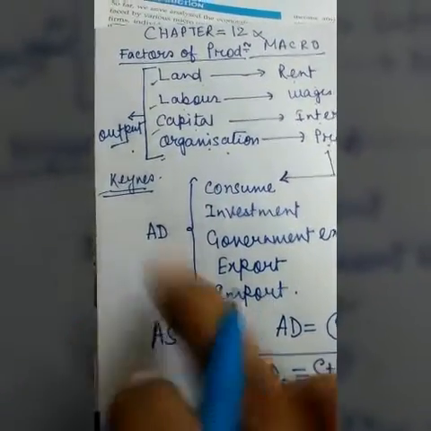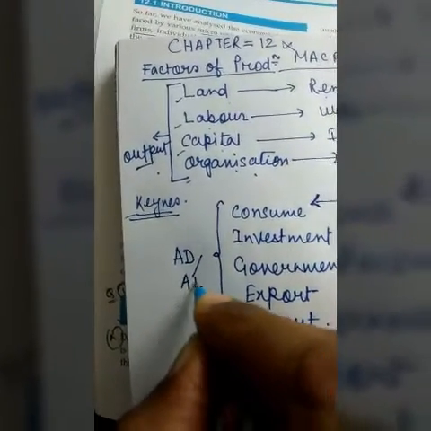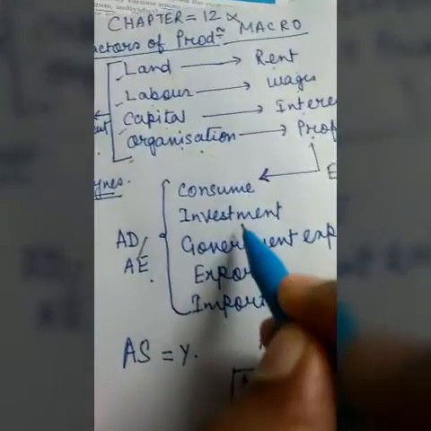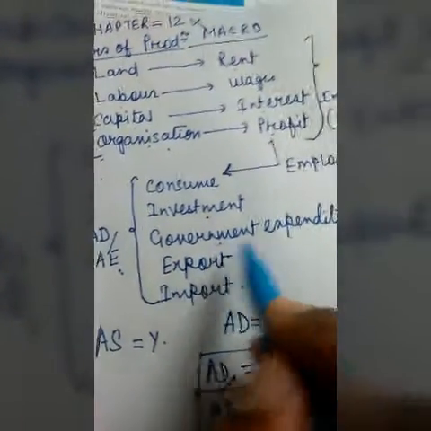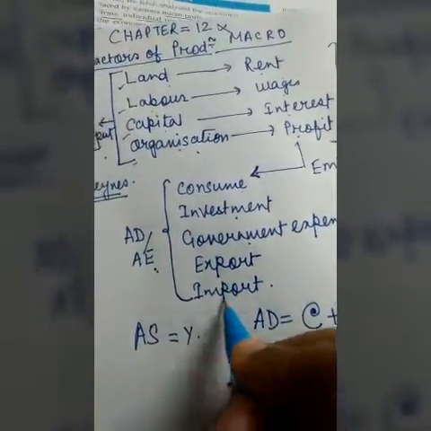All this together is called aggregate demand. It is also called aggregate expenditure because consumer consumption is expenditure for the consumer, producer investment is expenditure for the producer, government expenditure is of course expenditure for the government, and export and import are for the international sector.